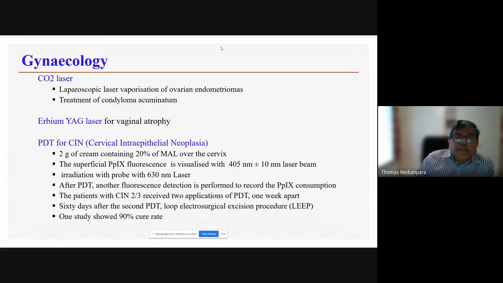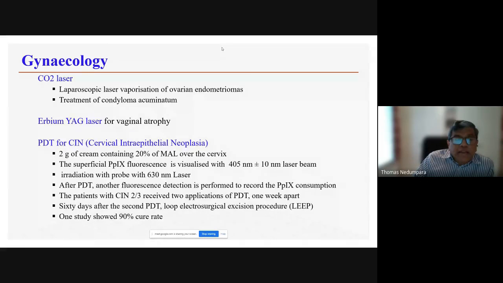So these areas of endometriosis can be removed with the carbon dioxide laser. And it can also be used to treat condyloma acuminatum, which is a sexually transmitted virus disease. Nd:YAG laser is also proposed for its biostimulant effect for treatment of vaginal atrophy.